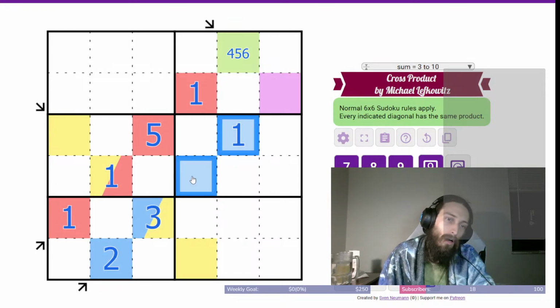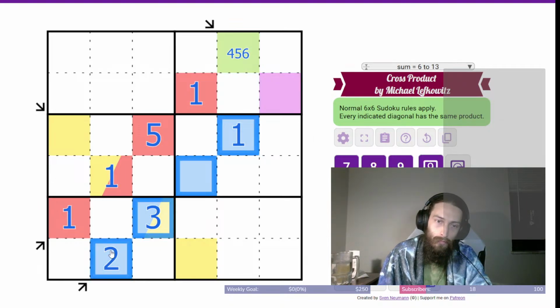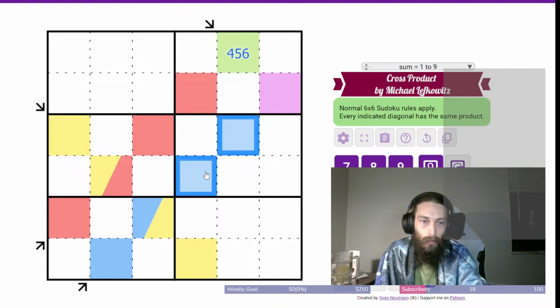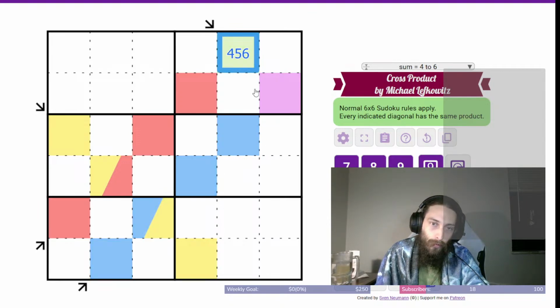And since the product of blue is a single digit, and you can't have 2 1s in box 4. So could I make green 5? Well, that's clearly not possible because it has to be 4 or 6.